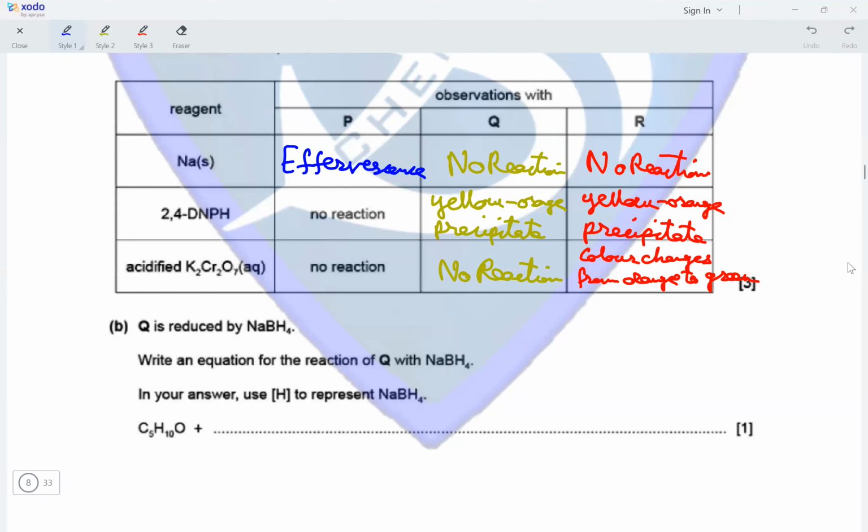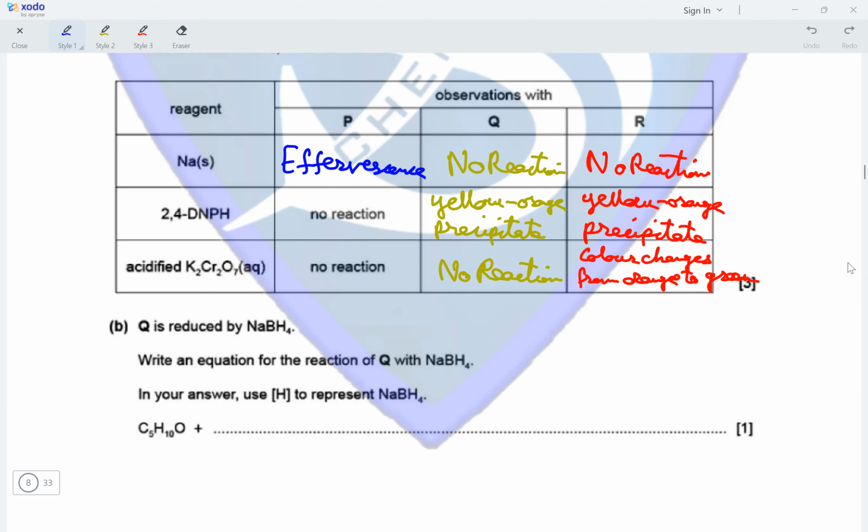Q is reduced by NaBH4. Write an equation for the reaction of Q with NaBH4. In your answer, use square brackets H to represent NaBH4. So the molecular formula of Q is C5H10O. We need to remember that Q is an aldehyde. So the CHO group will be reduced to CH2OH group. So we have addition of two hydrogen atoms into the compound.